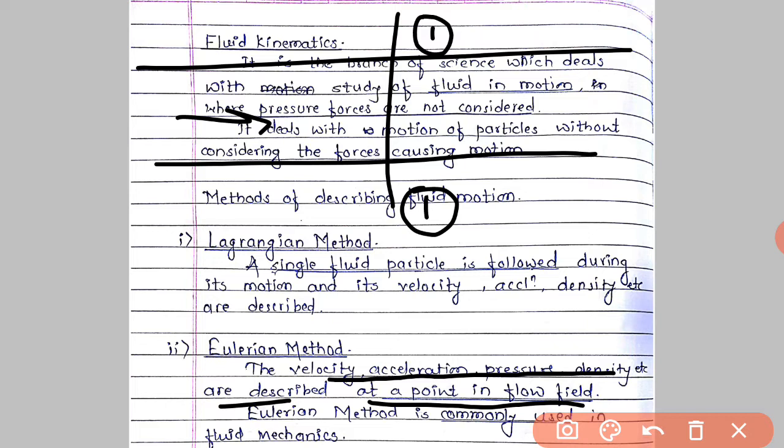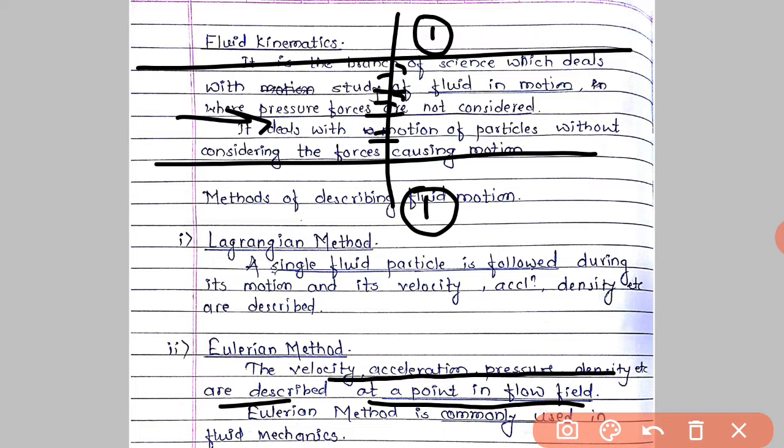A number of fluid particles are passing through here, so values of velocity, acceleration, pressure, density for all particles are noted. That is, we are going to study fluid at a point in a fluid field.